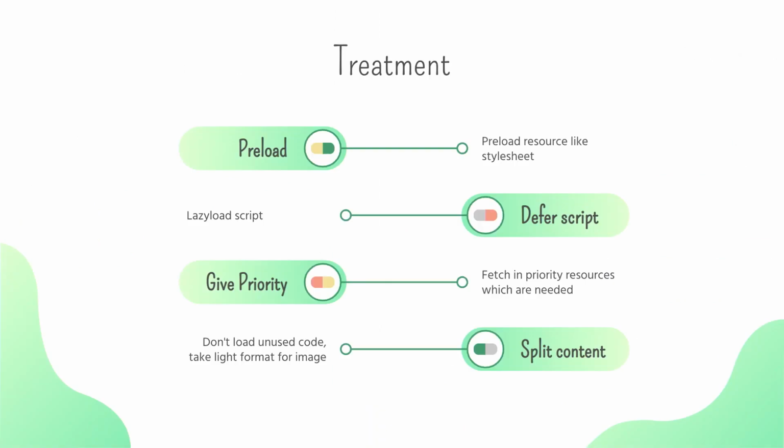So how to improve your LCP resource correctly? First, preload resources like style sheets and images. Lazy load your scripts with the attribute defer or async, or maybe both. You can use both, depending on your needs. Give priority. So this is very, very interesting because it's very new in Chrome.